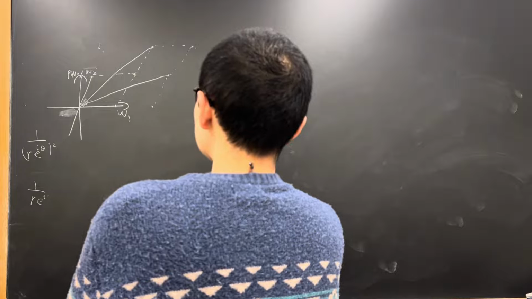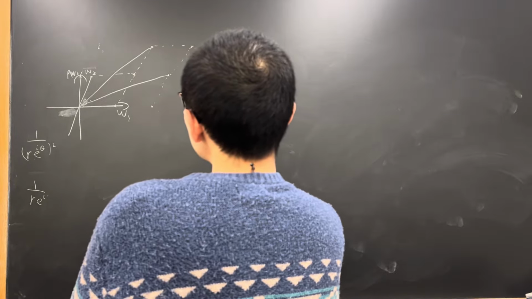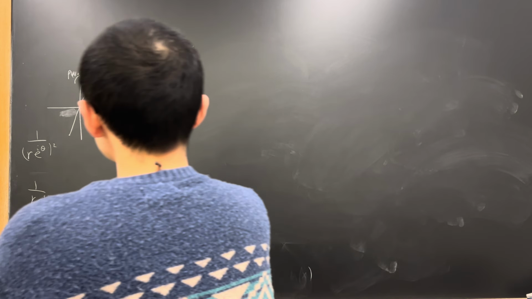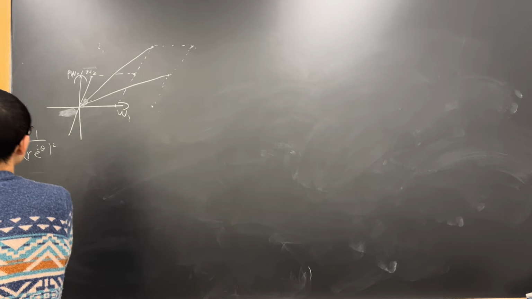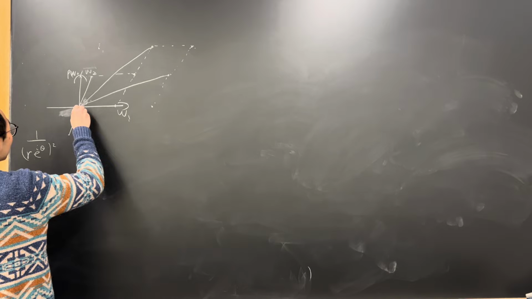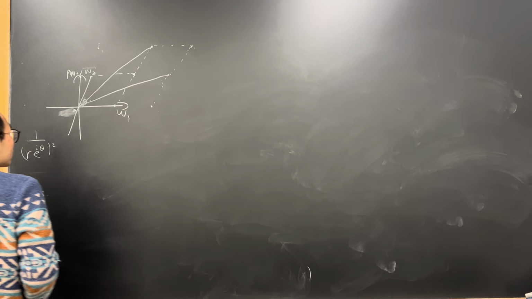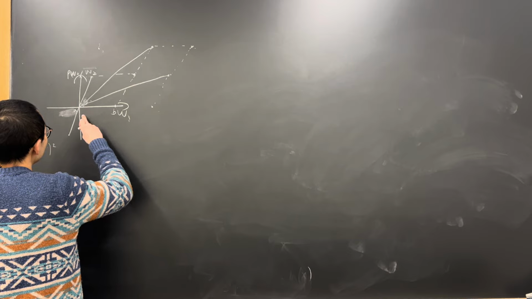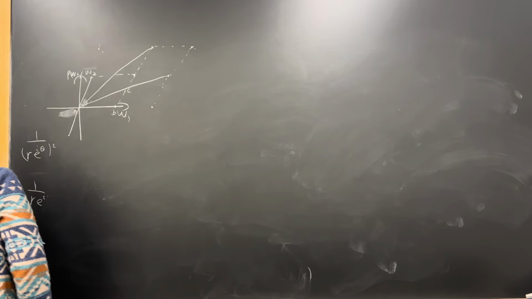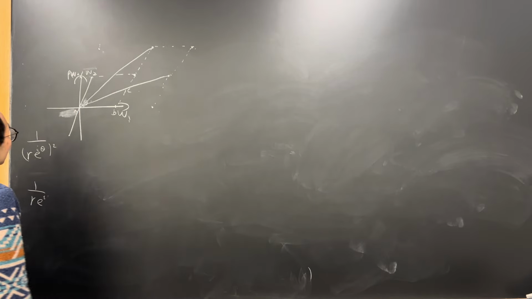Same angle, same length, right? So basically, if you look at this, let's name the vertices. This is A, this is point B, and this is ABC.